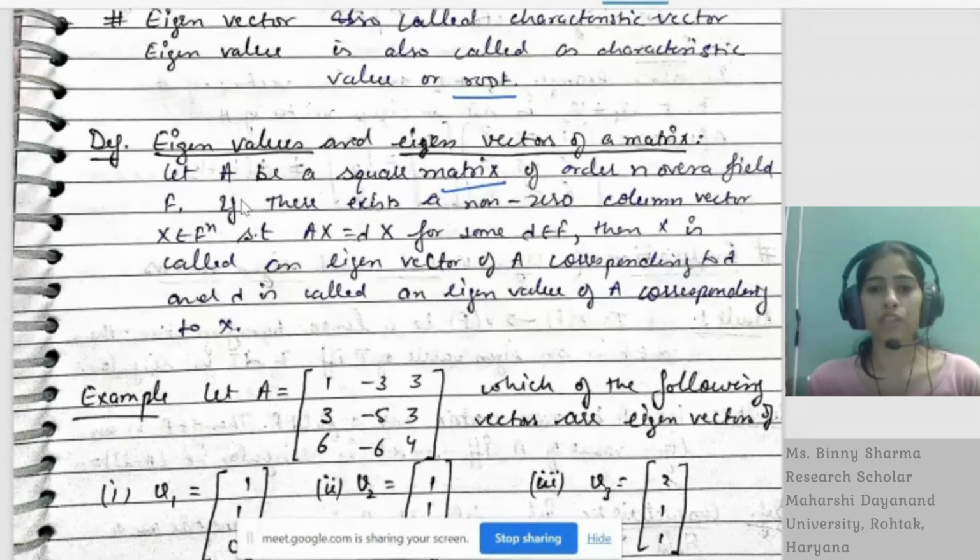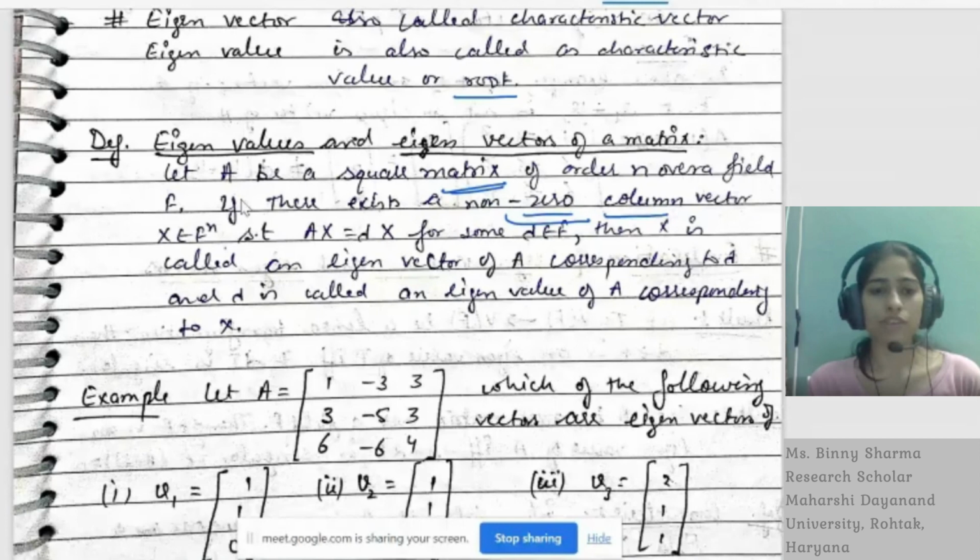A matrix should be square. Over a field F, if there exists a non-zero column vector x belonging to F^n such that Ax equals lambda x for some lambda belonging to F, then x is called an eigenvector of A corresponding to lambda, and lambda is called an eigenvalue of A corresponding to x.